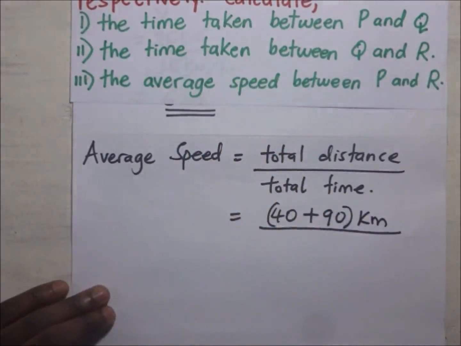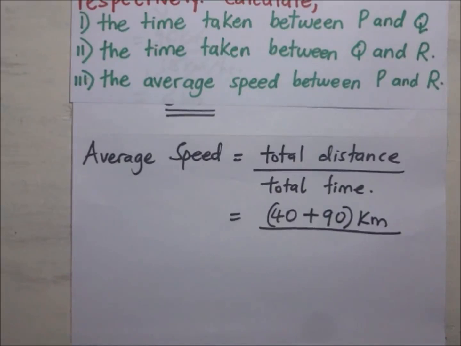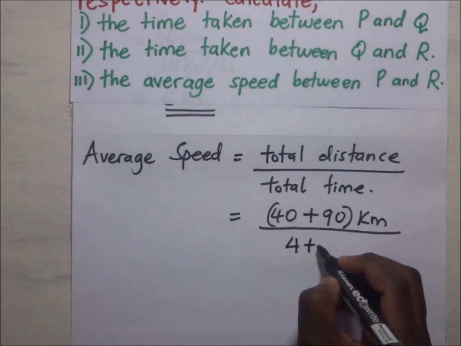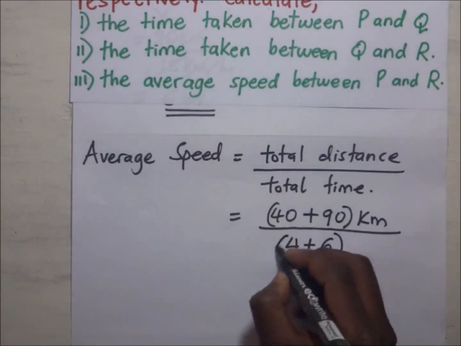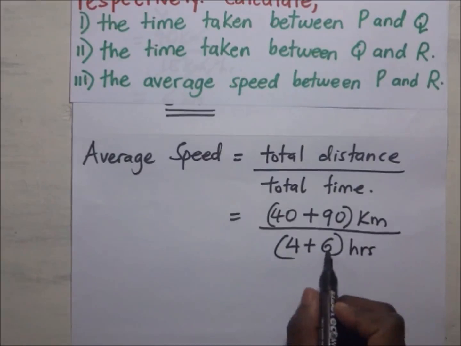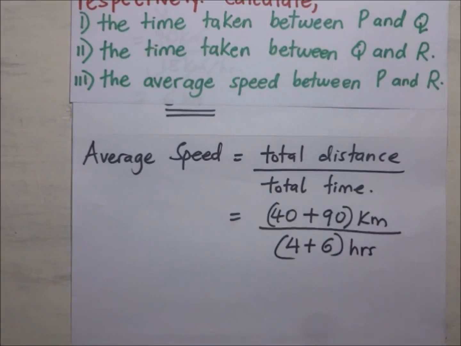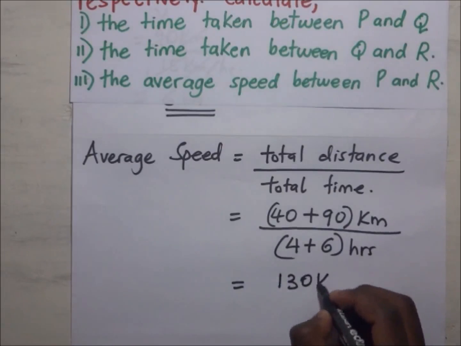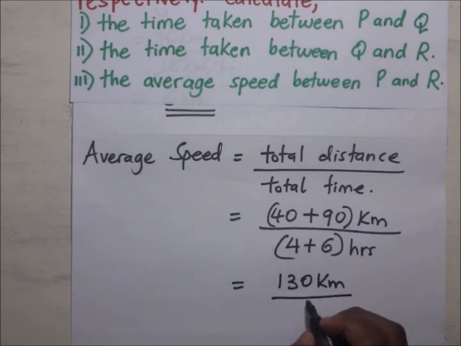Now, from our earlier calculations, we know that the total time taken from P to Q, we got 4 hours plus the 6 hours. The 6 hours is the total time that was taken from Q to R. We calculated that earlier. So our answer here is going to be 130 kilometers, divide that by 10 hours.